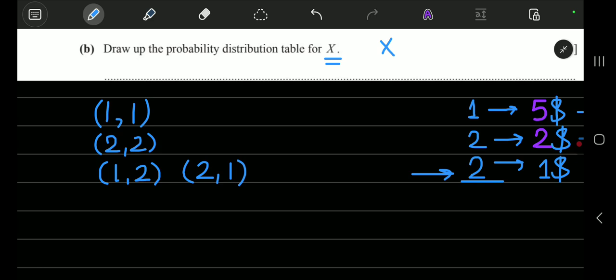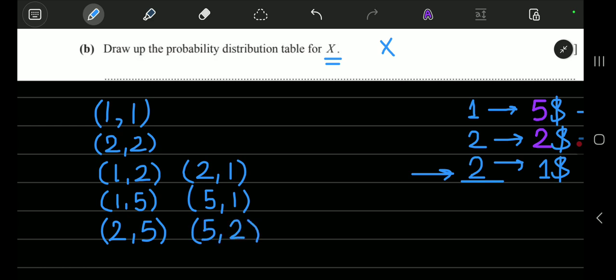Then you can have just one $5 coin, so you cannot have 5 and 5. You may have a $1 coin and a $5 coin, and a $5 coin and then a $1 coin. The last pair would be a first $2 coin and second $5, and first $5 and second $2 coin.